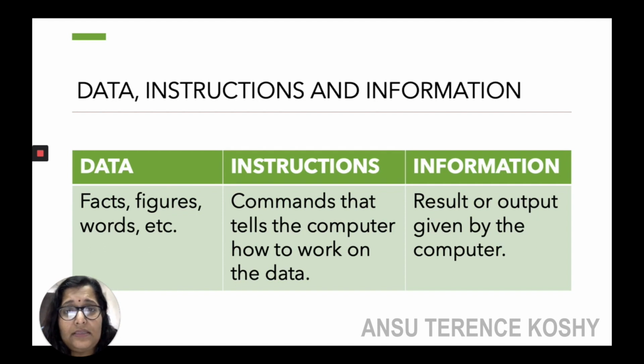That is, the commands that you give the computer to process the given data are called instructions. Once the data is processed and the output is given to us, the result or output given by the computer is called information. That is, the output that you get at the end after processing is the information.